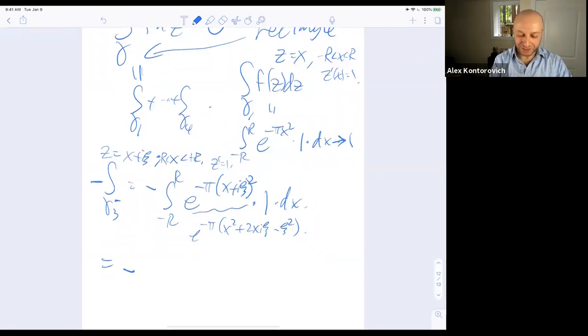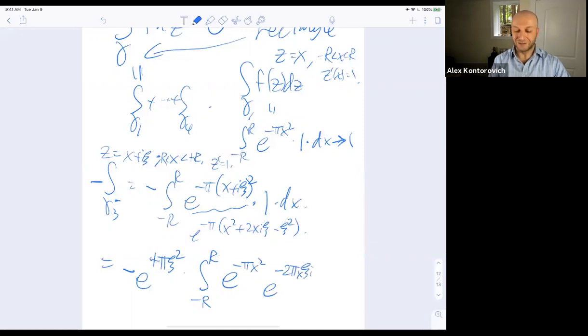The iC is a constant. So I have an e to the minus pi negative C squared, that's an e to the plus pi C squared. That's a constant that pulls all the way out. Integral from minus R to R, e to the minus pi x squared, e to the minus 2 pi x iC dx.